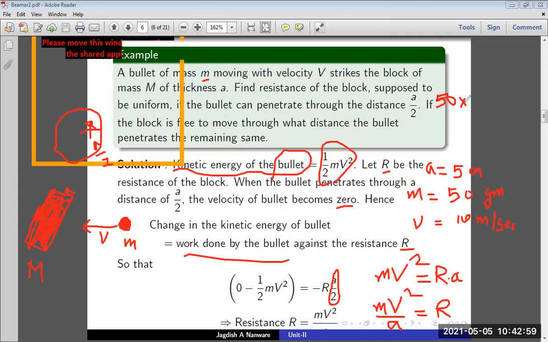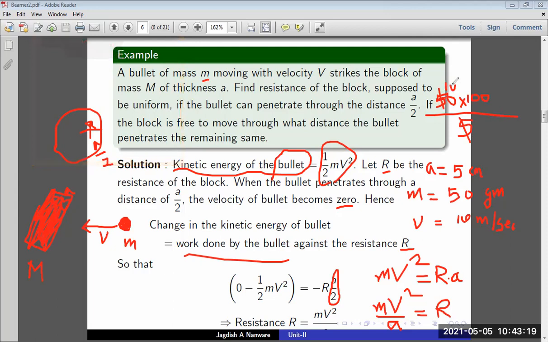So 10 square is 100, divided by a. a is the thickness, it is 5, say. Calculate this: 5 ones are 5, so this is 1 and 0. So 10 multiplied by 100, that is 1000. So this is the resistance of the block. R is equal to this.